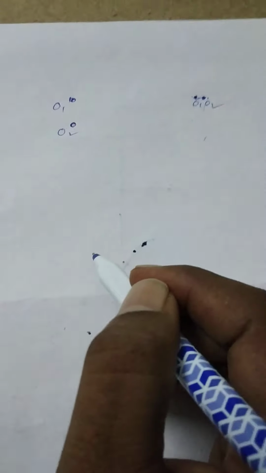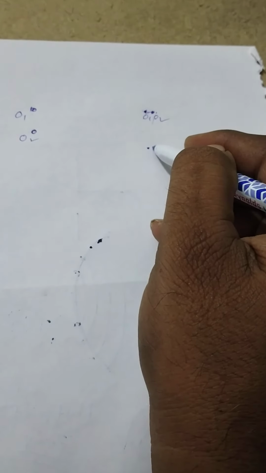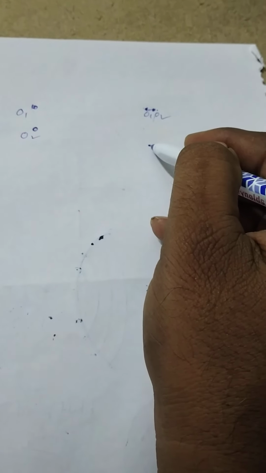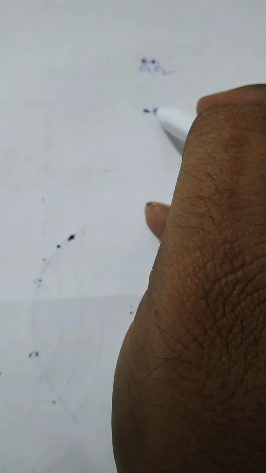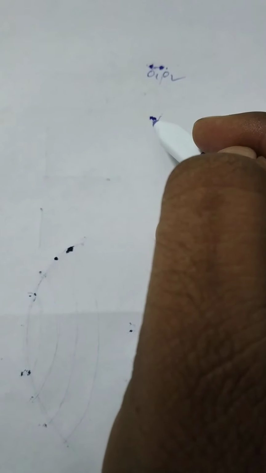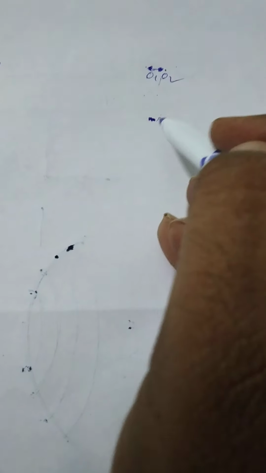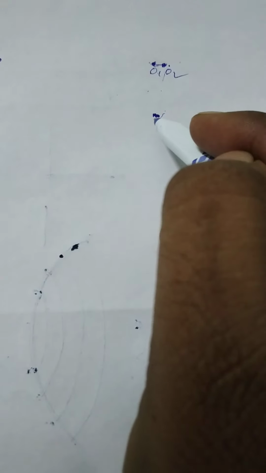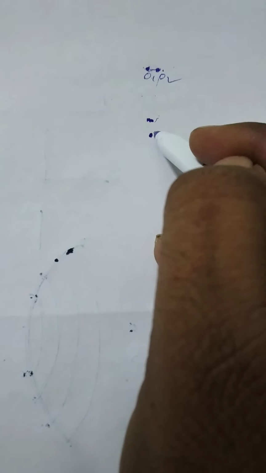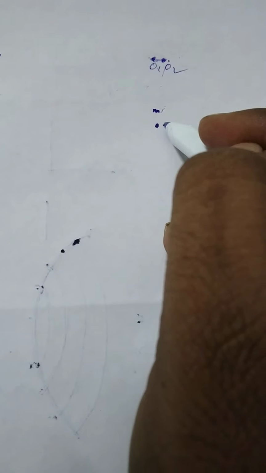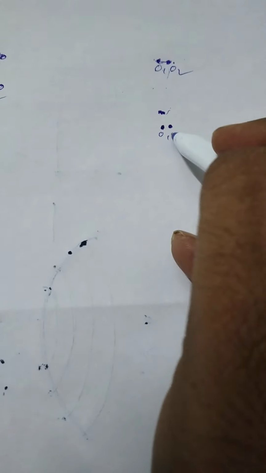Do you understand? Suppose we place two points one by one here. But these two points cannot be distinguished individually by the human eye. So to observe these two, there should compulsorily be a minimum separation between these two objects O1 and O2.